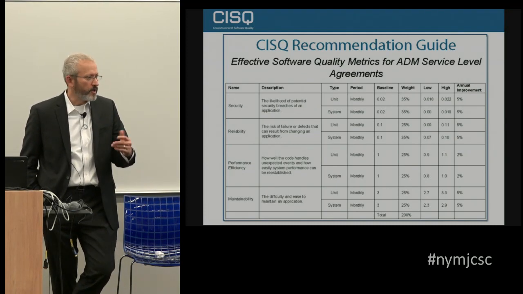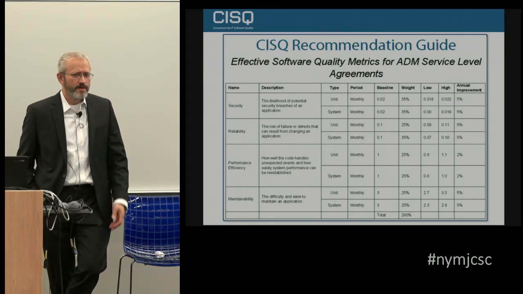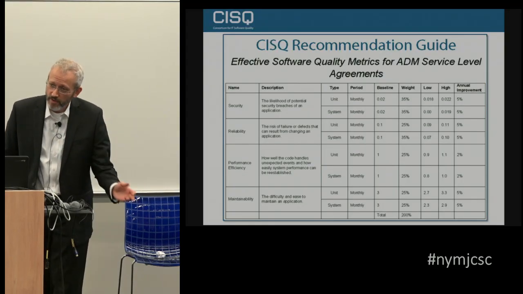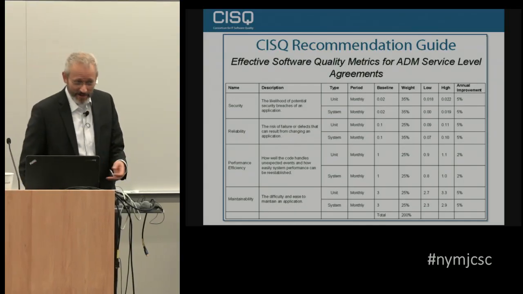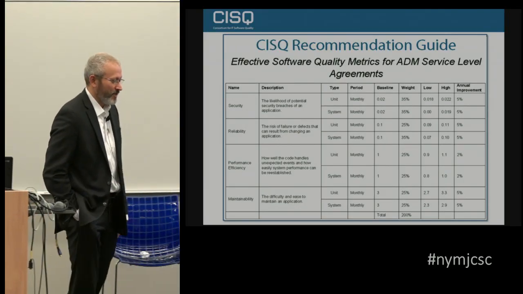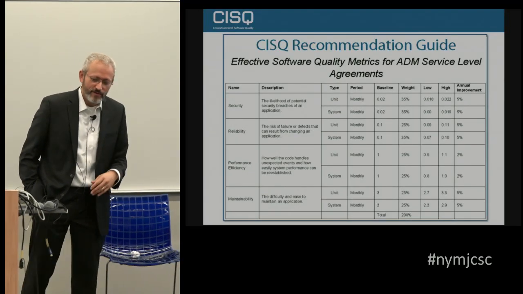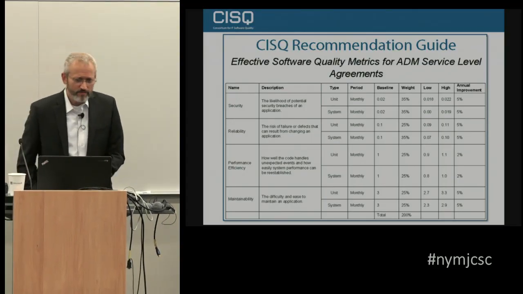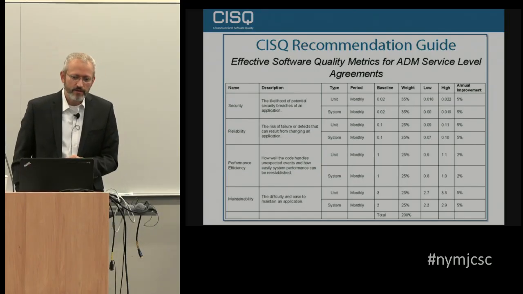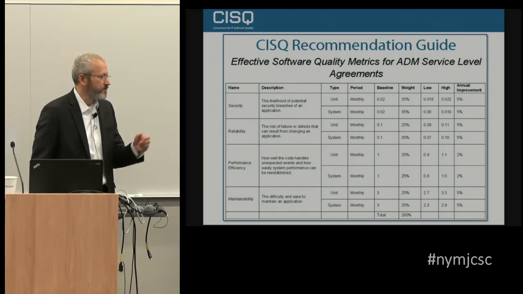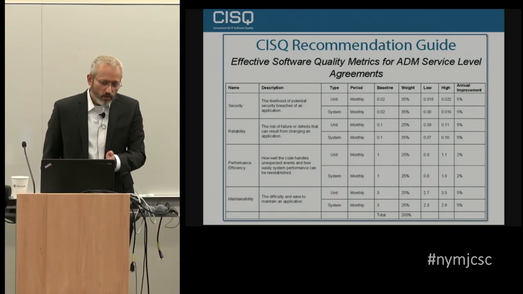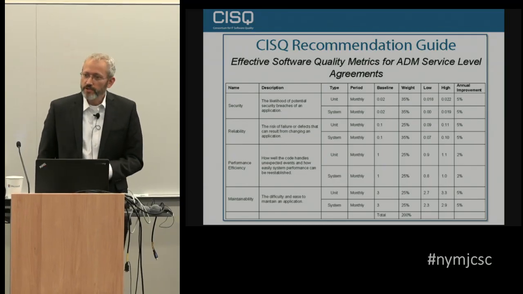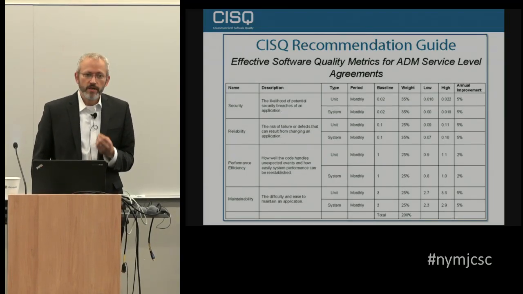It was written by a couple of guys who have a lot of experience, I think out of IBM actually, who are no longer at IBM, who have a lot of experience writing contracts on both sides of the table. And some folks from ISG, the sourcing advisory, looked at this as well. And so they came up with some suggestions of how you put these metrics in an SLA.